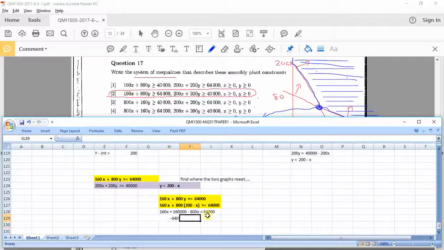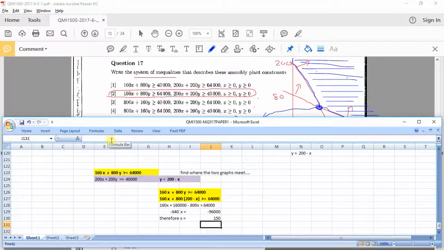So negative 800 plus 160 gives me that x equals, take that across, so it's 64,000 minus 160,000 gives me negative, then divide by negative. So x equals this divided by that. Okay, 150.